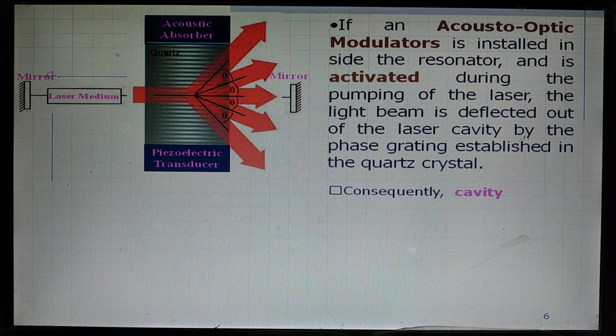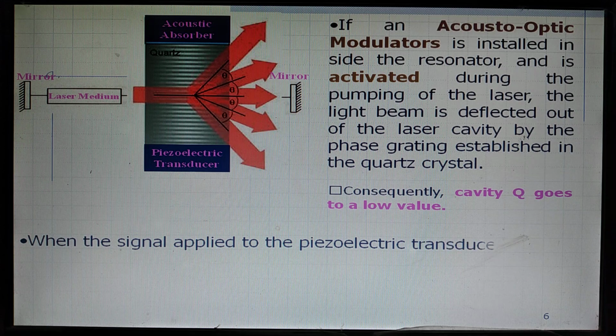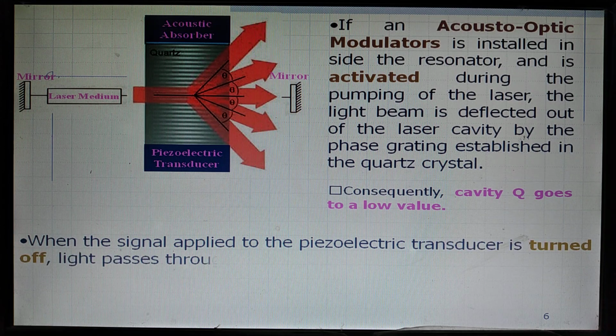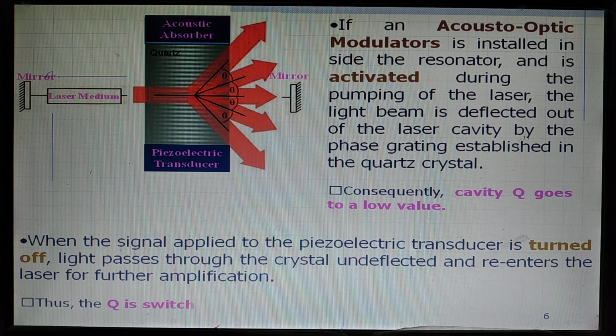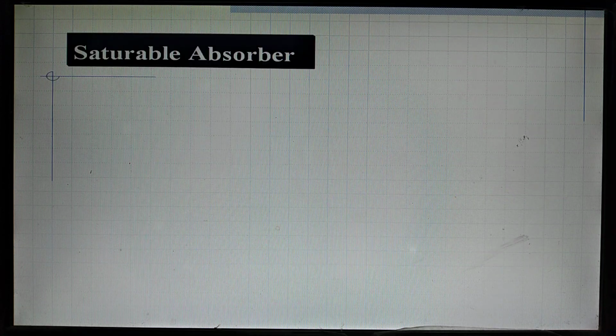Consequently, the cavity Q goes to a low value. When the signal applied to the piezoelectric transducer is turned off, light passes through the crystal undeflected and re-enters the laser for further amplification. Thus, Q is switched to a high value.